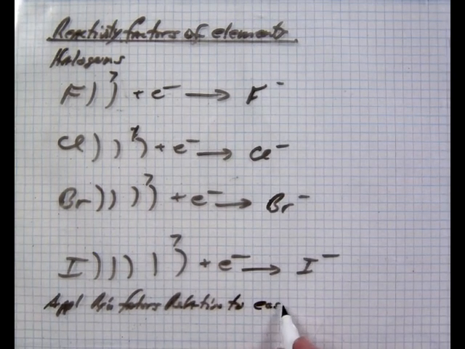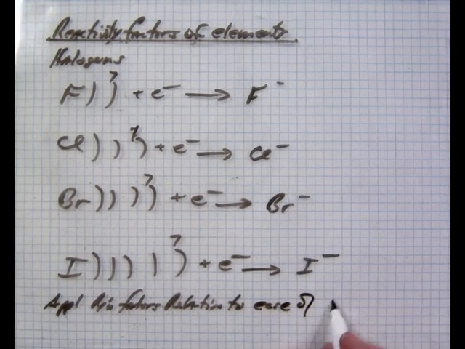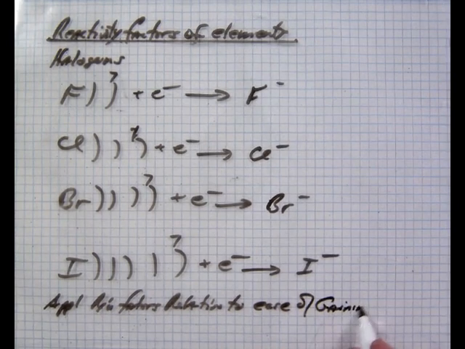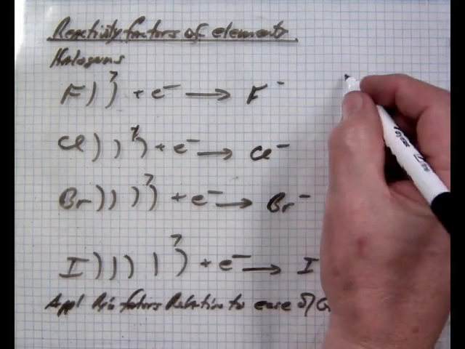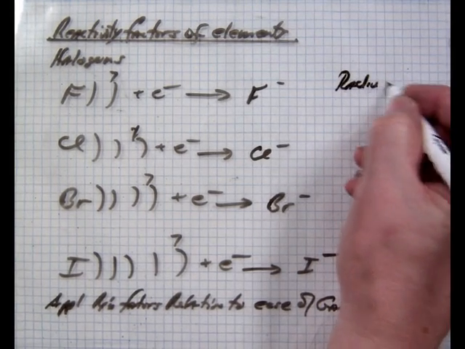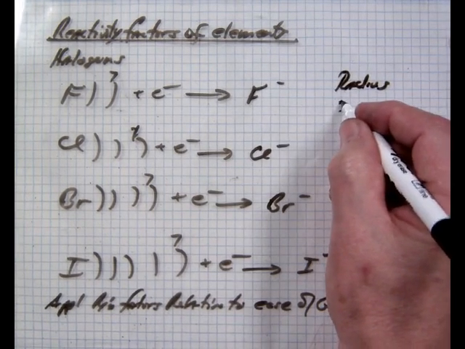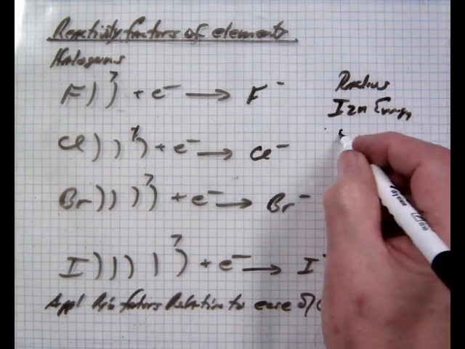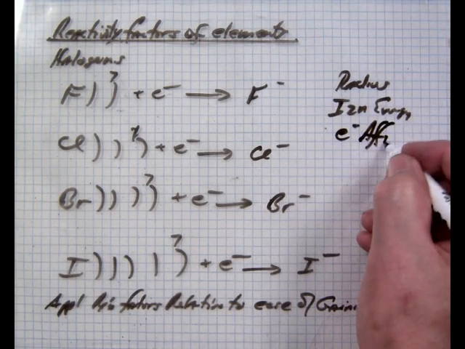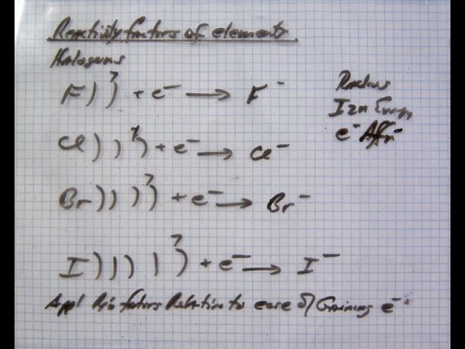Ease of gaining electrons. And we're talking about radius, ionization energy, and electron affinity. Those three. So we want to take each one at a time.